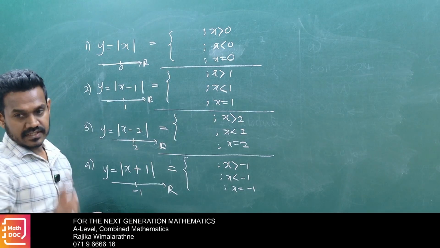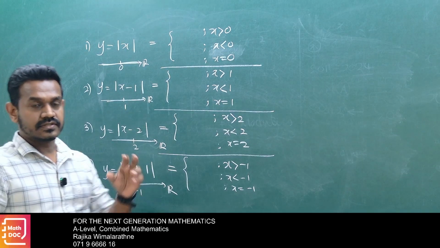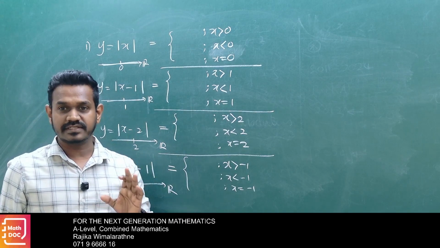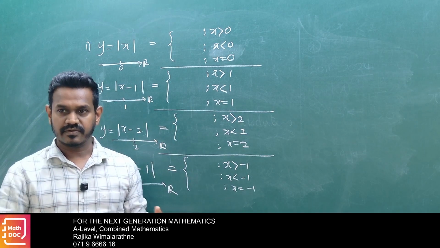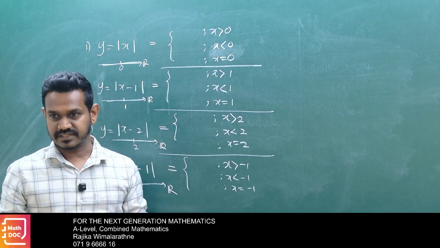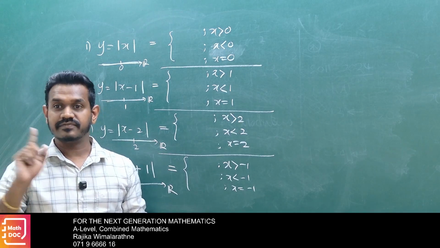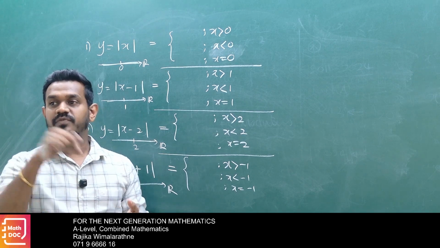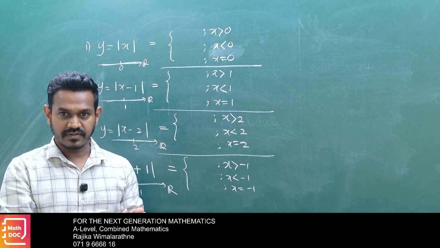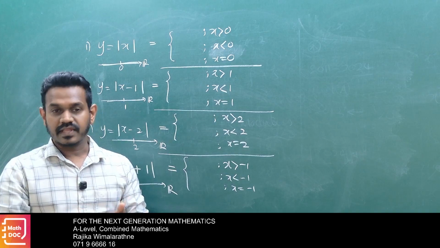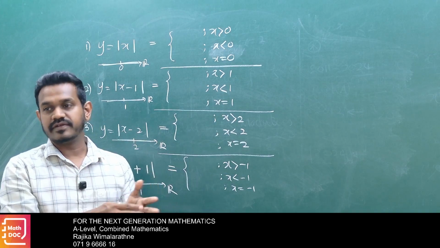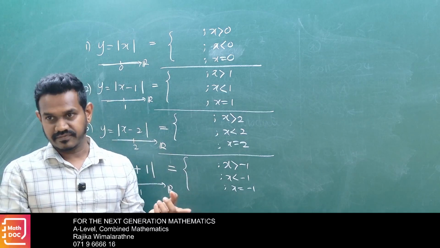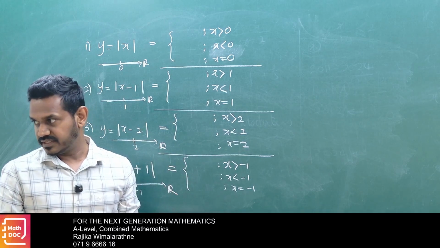Now you think, for positive values, the modulus is a useless thing. Modulus of plus 5 is just plus 5. But modulus of minus 5 is very important: it means plus 5. For a positive value there is no need to put modulus, but for a negative value a completely different sign appears after putting the modulus.